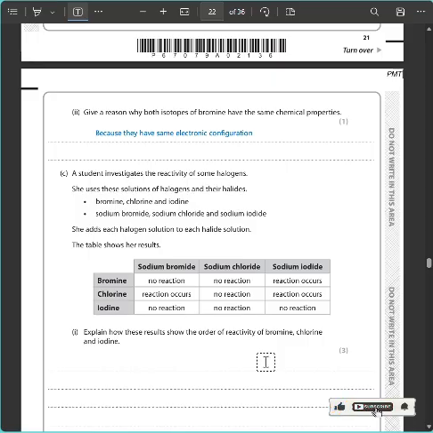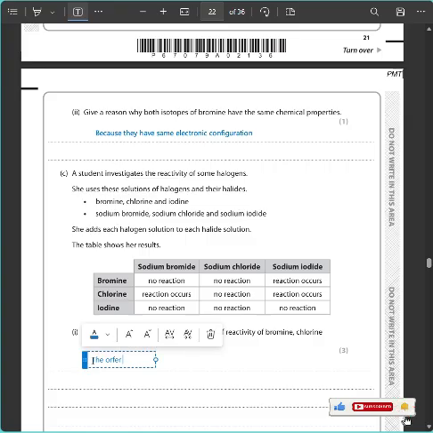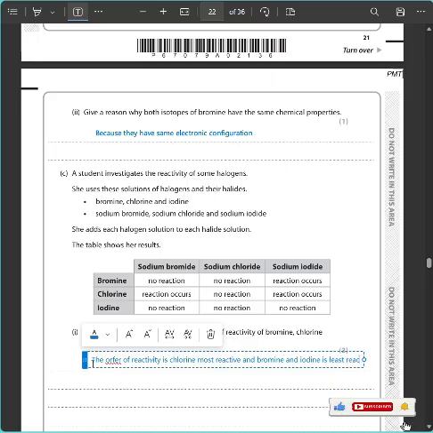Explain how these results show the order of reactivity of bromine, chlorine, and iodine. The order of reactivity is chlorine most reactive, and bromine and iodine least reactive.